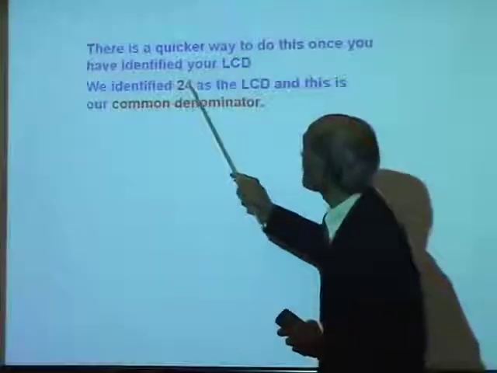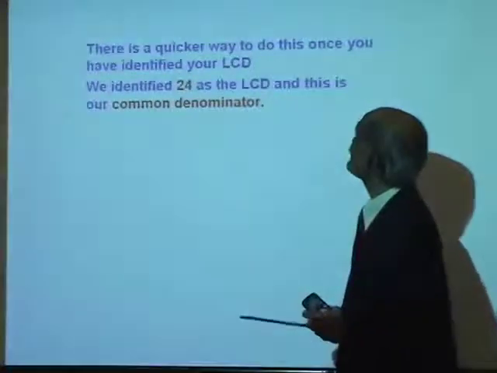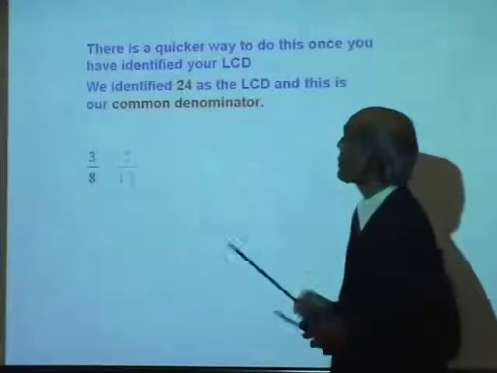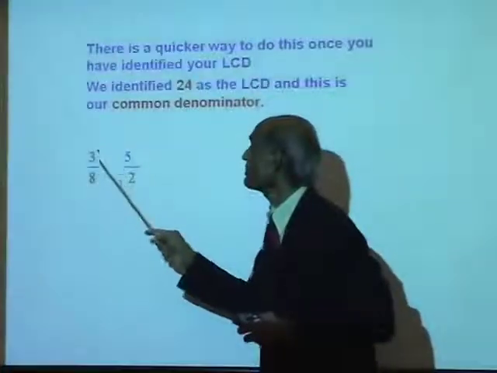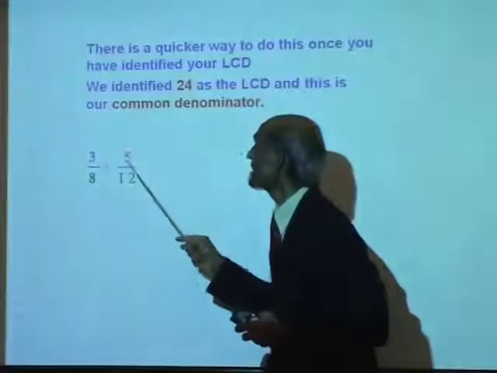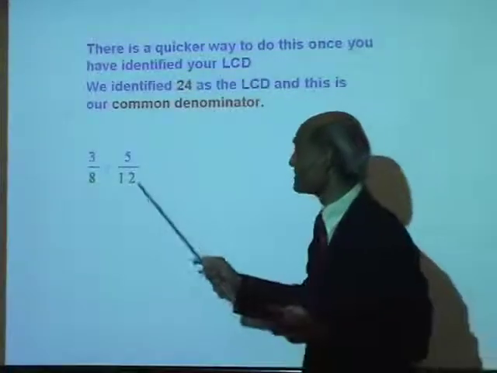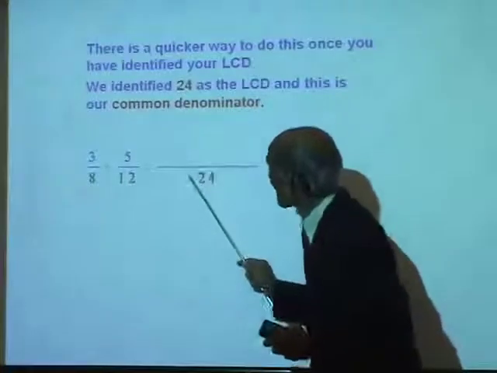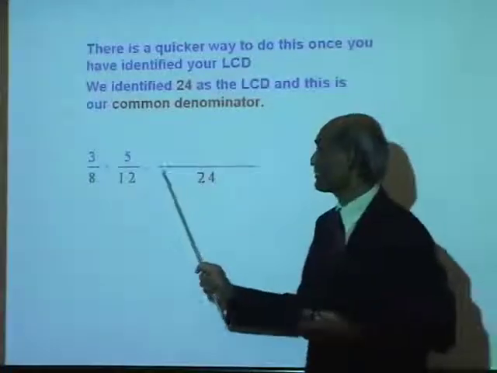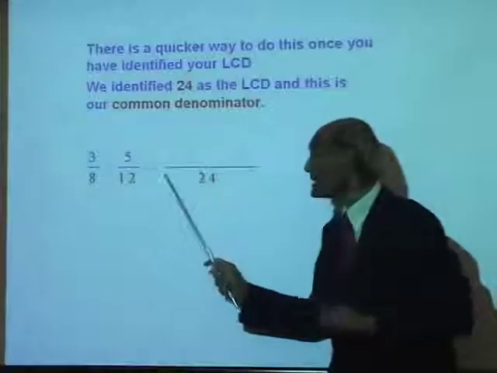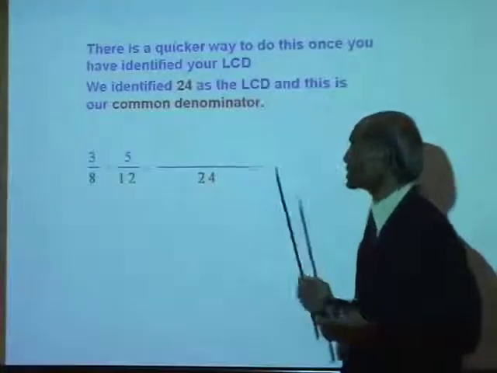We identified 24 as the LCD, and this is the common denominator. For example, 3 over 8 plus 5 over 12. What is the LCD we identified? 24. So we write that 24 like this. Write the LCD with a big line on top.